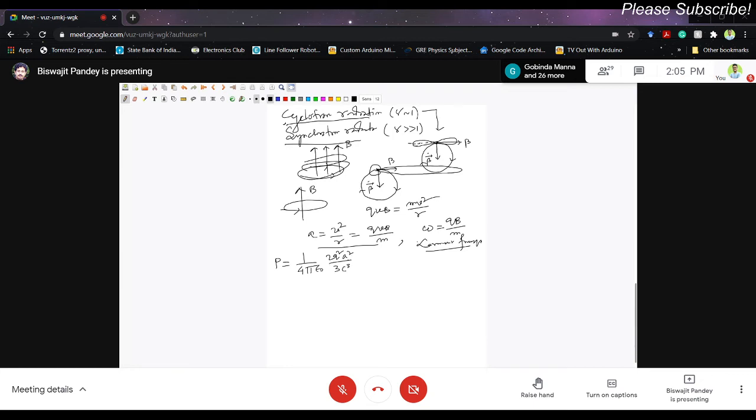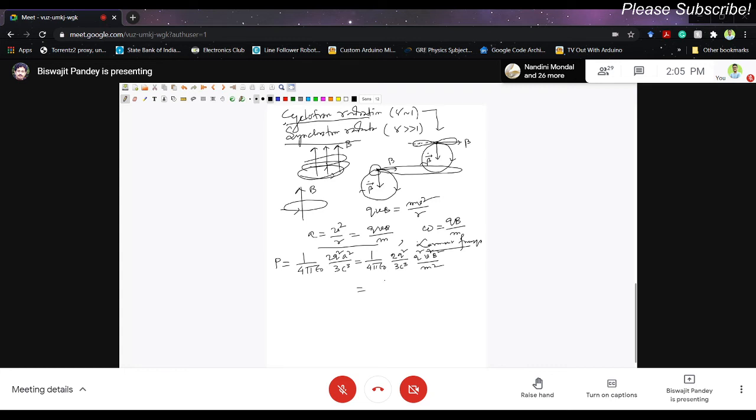What is a here? a is v square by r, which is q square v square B square by m square. So we can write 1 over 4 pi epsilon 0 times 2 q square by 3 c cube into q square v square B square by m square.